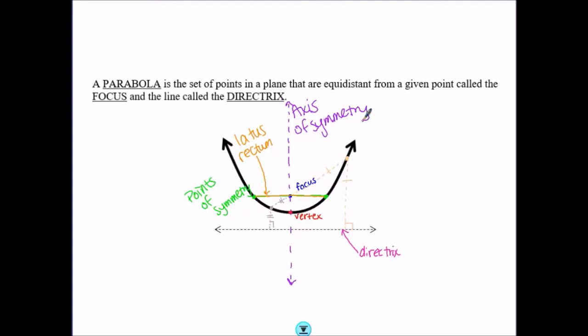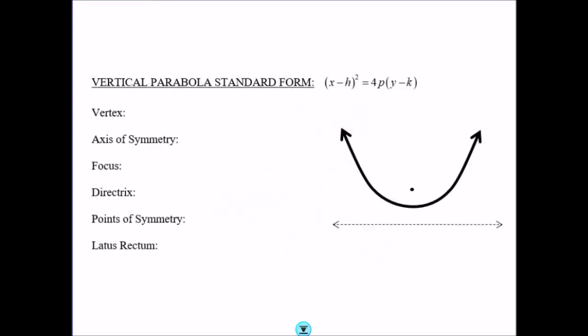Now, let's look at the relationship between all of these parts of the parabola. So we have our standard form equation for a vertical parabola, and we know that the vertex is the point (h, k). Then we know that the axis of symmetry will cut the parabola in half, going through both the focus and the vertex.